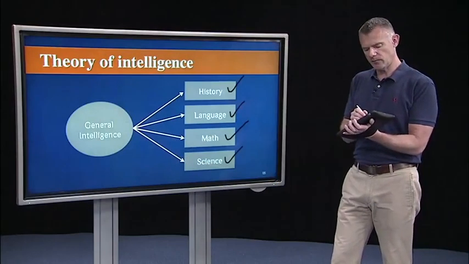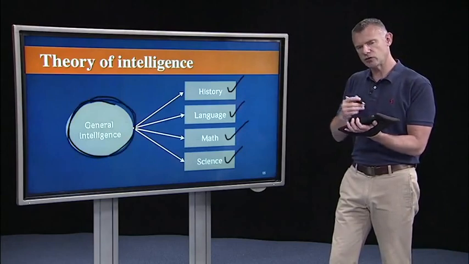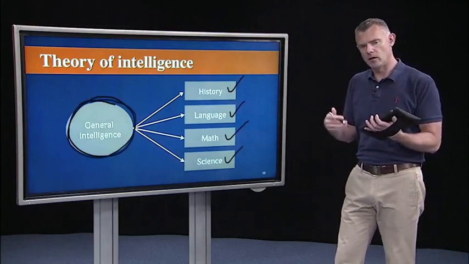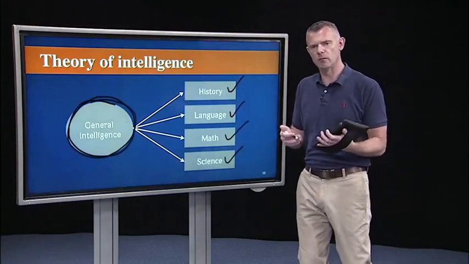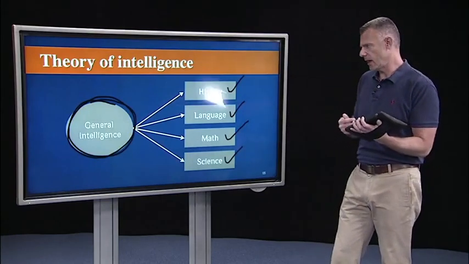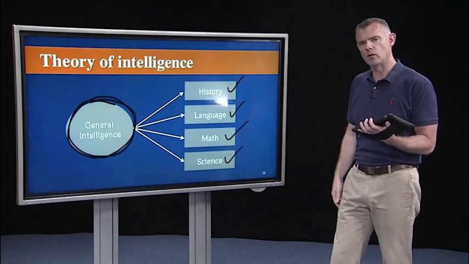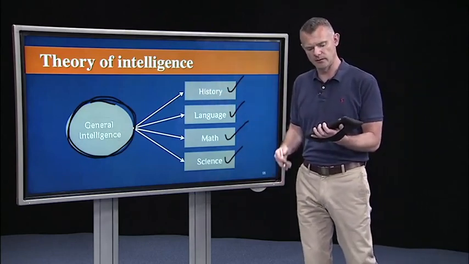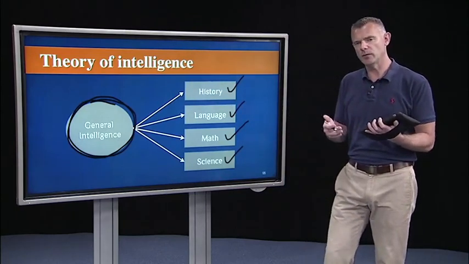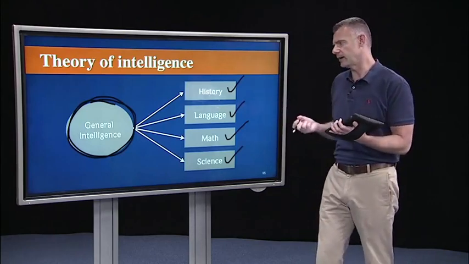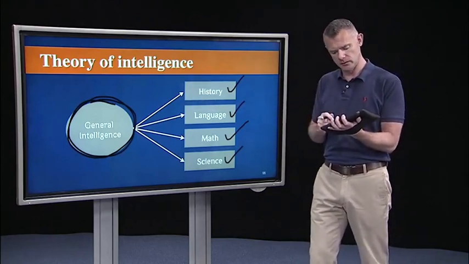So there must be some factor or some trait among individuals or among kids in school that causes these correlations across all these different kinds of tests. And Spearman referred to that as g, or general intelligence.